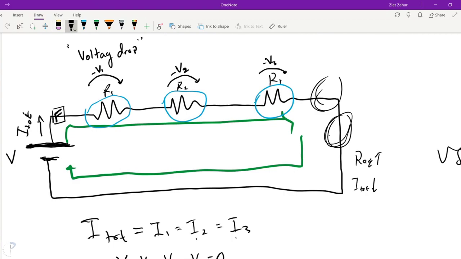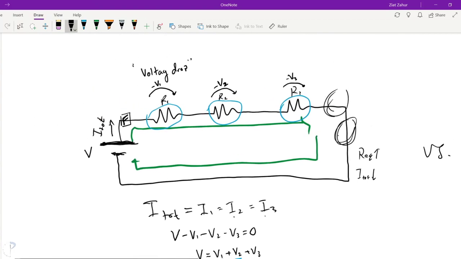So there's your small, minor benefit, but of course the negative far outweighs the positive for a series circuit. The negative is that everything is dependent on each other, and the power delivery is not as much.